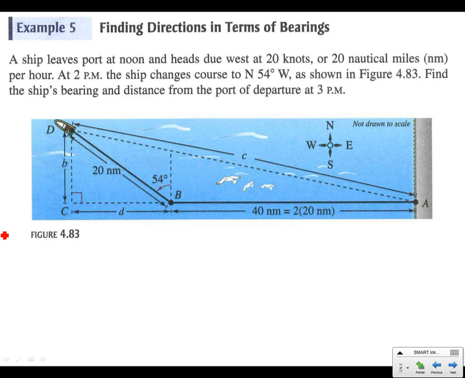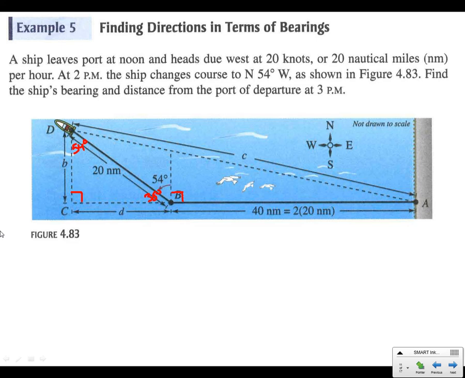One thing that we'll start with is we know a couple right angles. That's a right angle in there. I know that this angle in here would be 90 minus 54, so that's going to be 36 degrees. I know then that this is also going to be 54, because this is a right angle down here. So we know a couple of the angles in here, and from there we can start to solve.